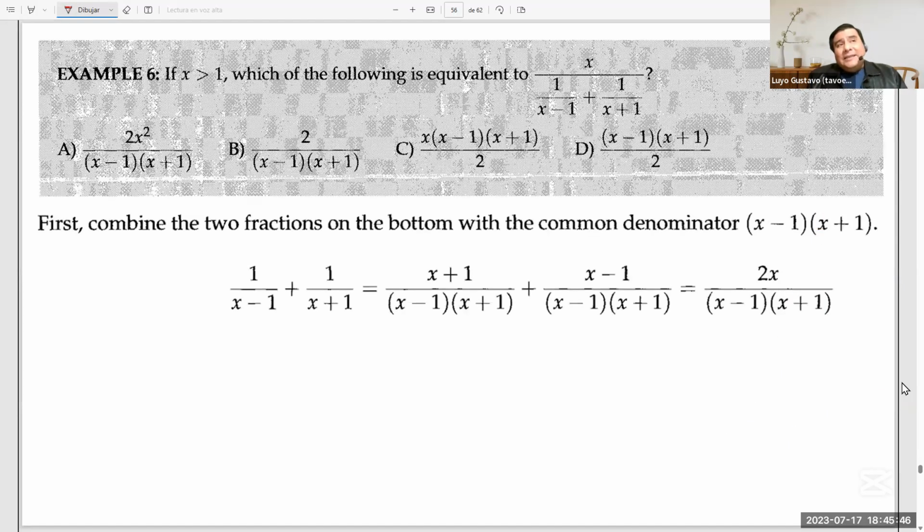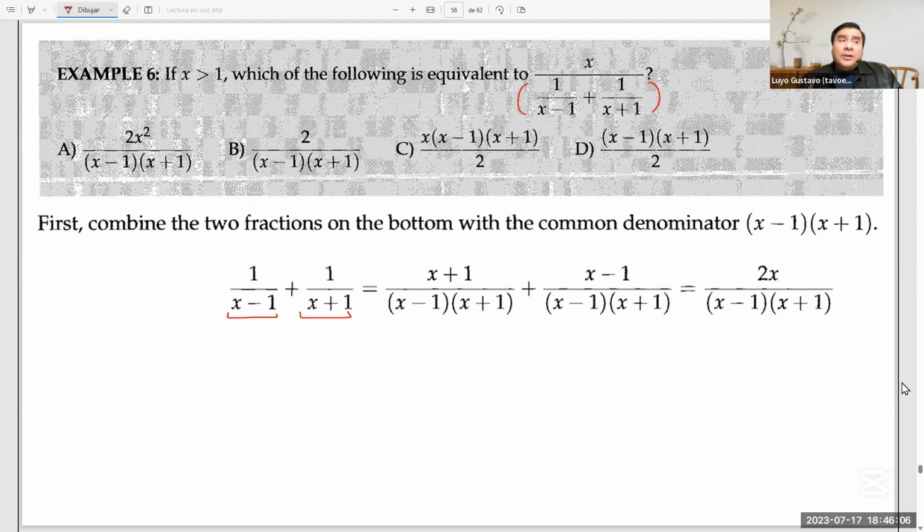Okay, these two fractions in the denominator can be added using the strategy of converting each of them to a common denominator. And what is the common denominator? Simply the product of the two denominators, x minus 1 times x plus 1.